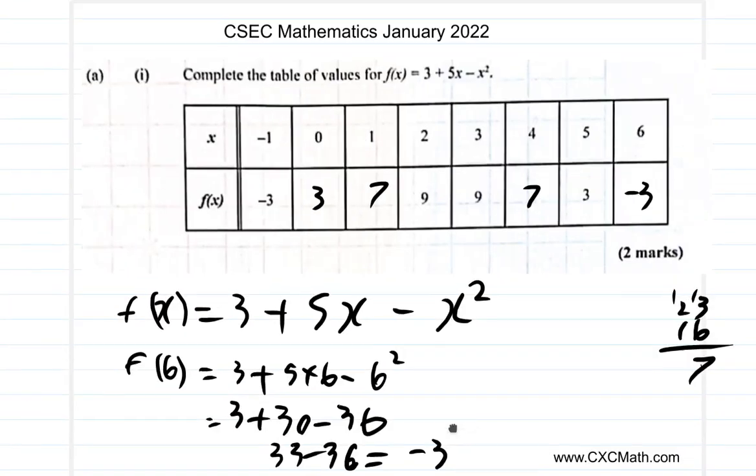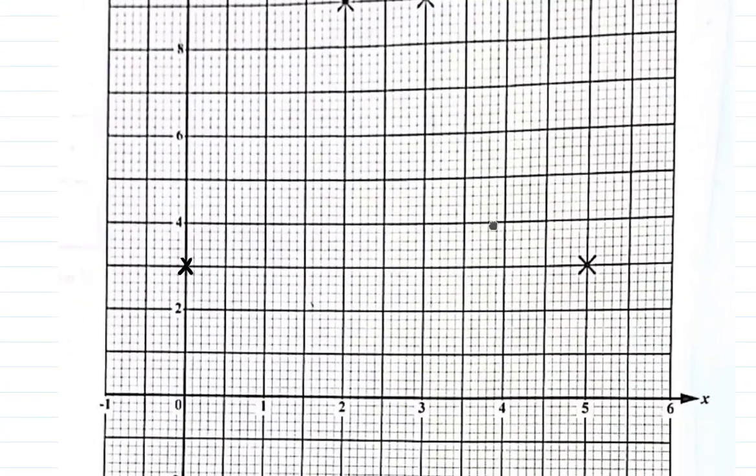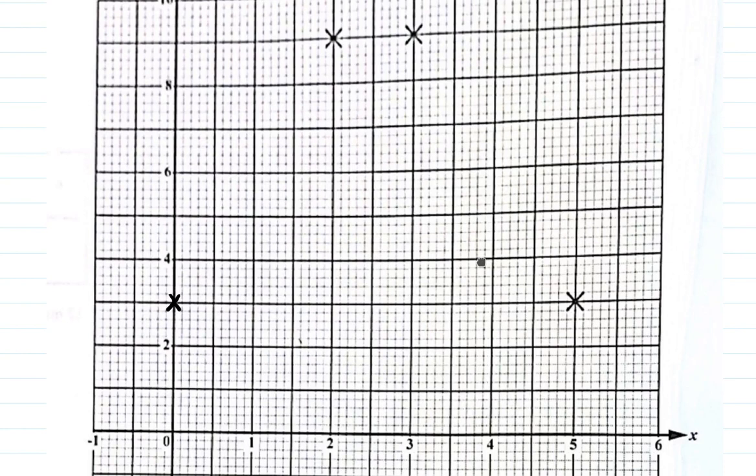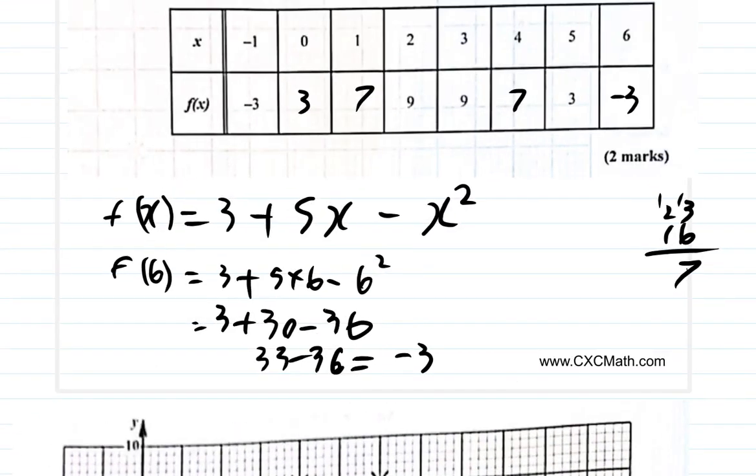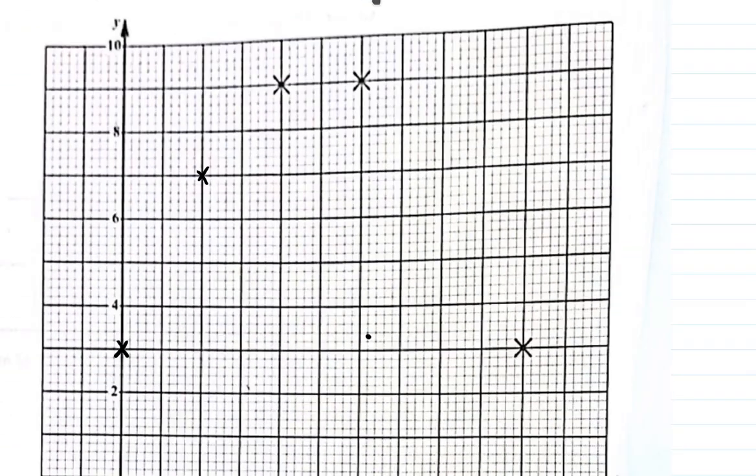After that, we have 1, 7. 7 would be here. This is above 1 and beside 7. So right here is our 1, 7. You see that? After that, we have 2, 9.